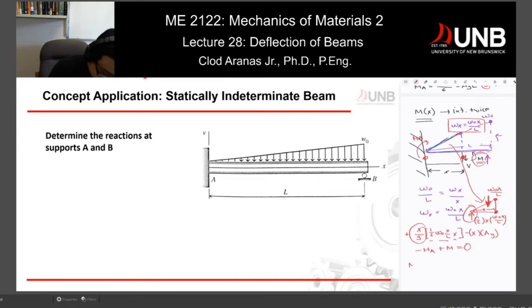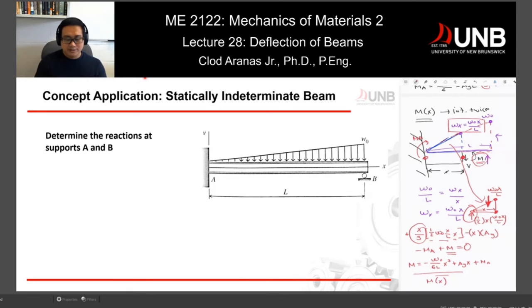Now, if we're going to simplify it, we have to get this M right here, and this will be the following. So negative W naught over 6L x cubed plus A_y x plus M sub A. So this would be our M sub x equation.